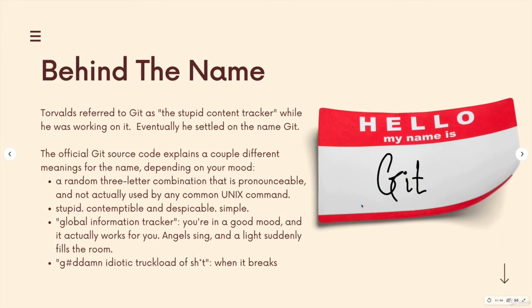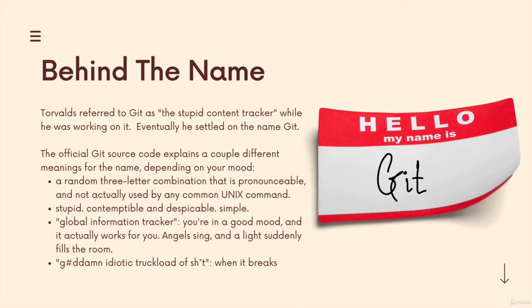Now, one interesting note is about the naming, the name Git. In development, Linus Torvalds referred to Git as the stupid content tracker, just as his own personal name, but eventually he settled on the name Git, and according to the official source code for Git, you can view this online, there are a couple of explanations for the meaning of the name Git, depending on your mood.